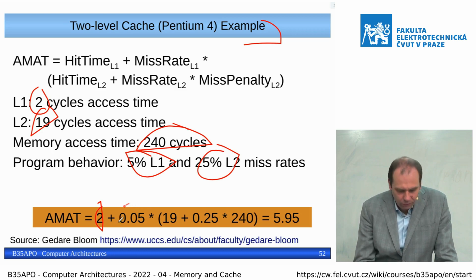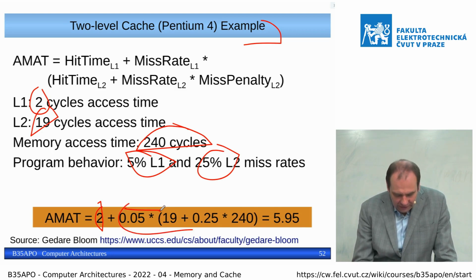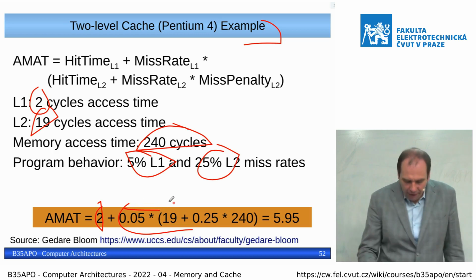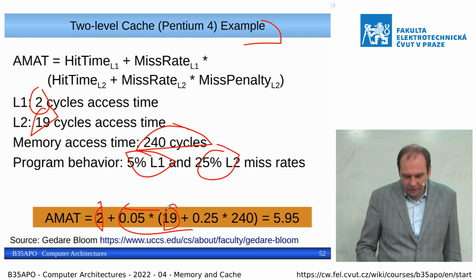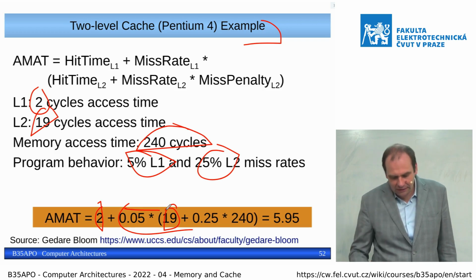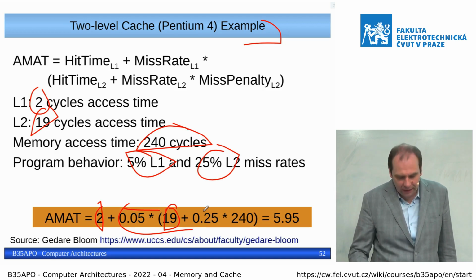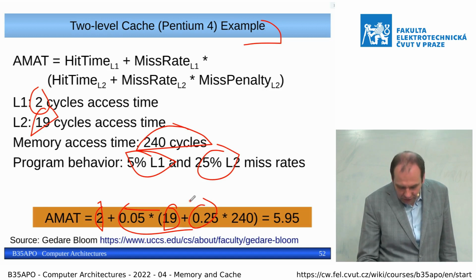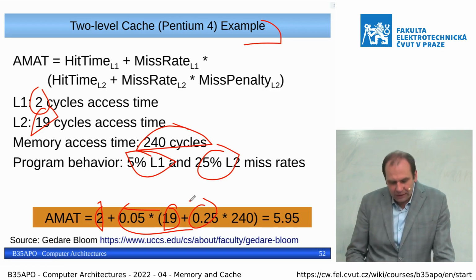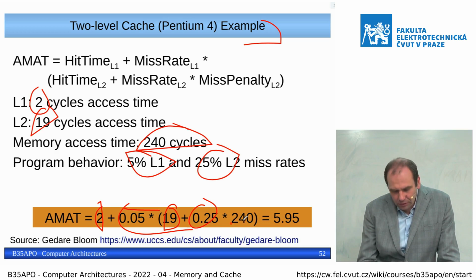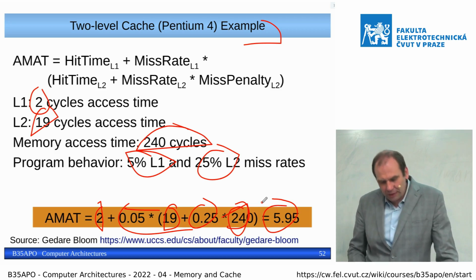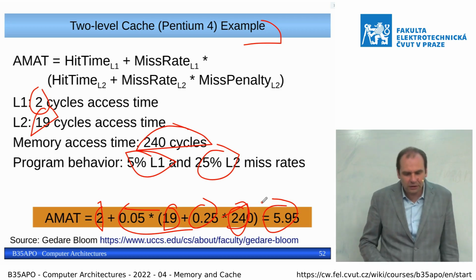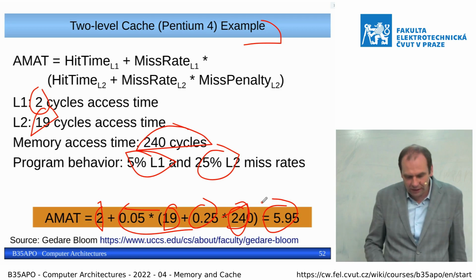If we do not find the data, then this is the number of accesses which need the additional 19 cycles to access L2 and check if there are data. And from those, each fourth access, in fact, needs to access the real memory, and it takes this time. So at the end, we get to something like 6 clock cycles for a given load of the data.